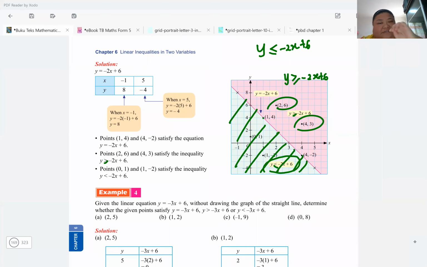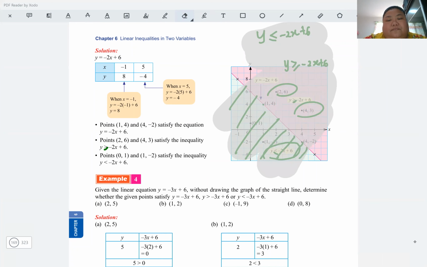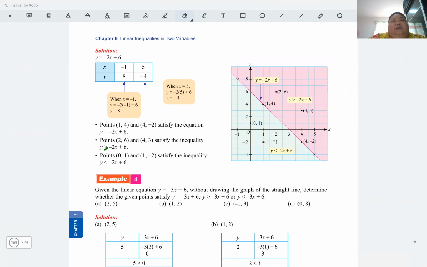If you see here, this question uses x equal to negative 1 and x equal to 5, but it's okay, it's the same thing.